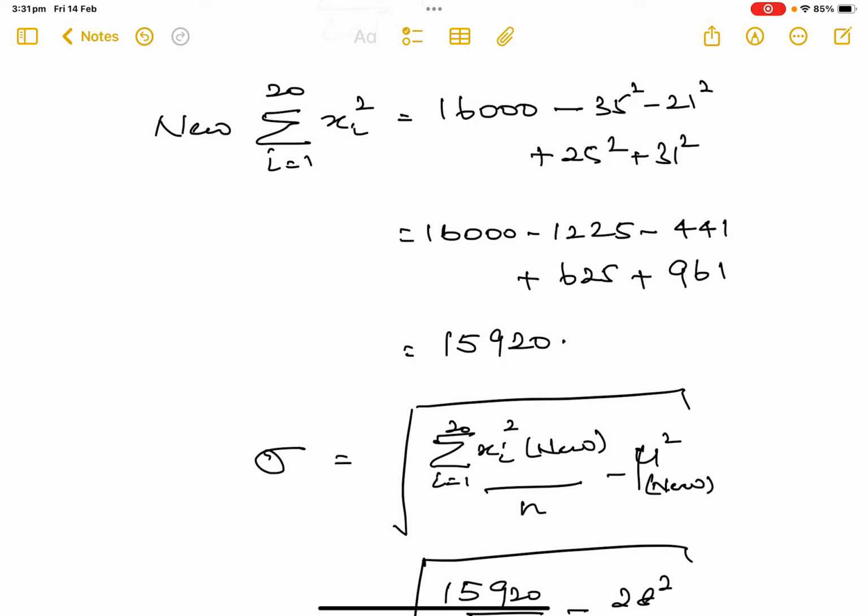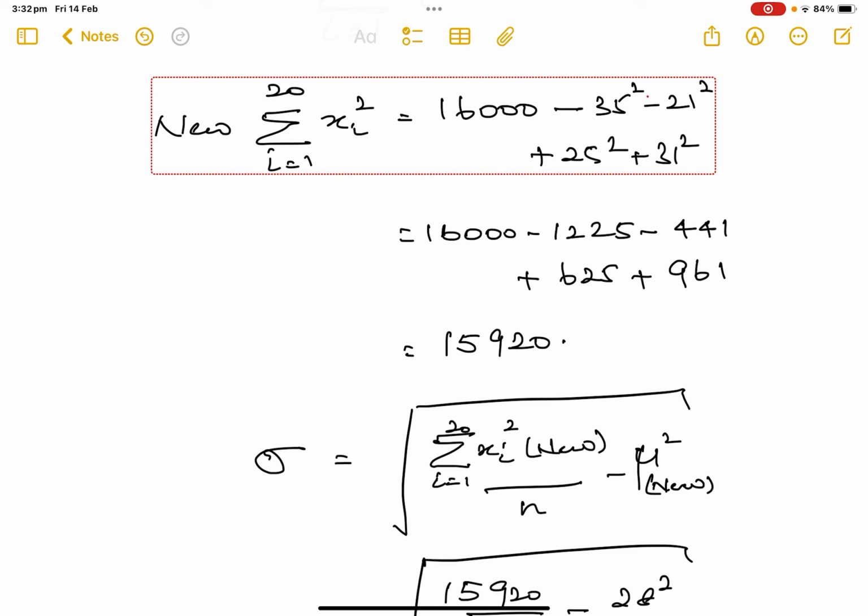So obviously it changed because of the incorrect values, and it's going to change the standard deviation. So 15,920. Let me go through it again. 16,000 is the total of xi squared. We removed the errors, 35 squared and 21 squared, and then added the correct ones, 25 squared and 31 squared.